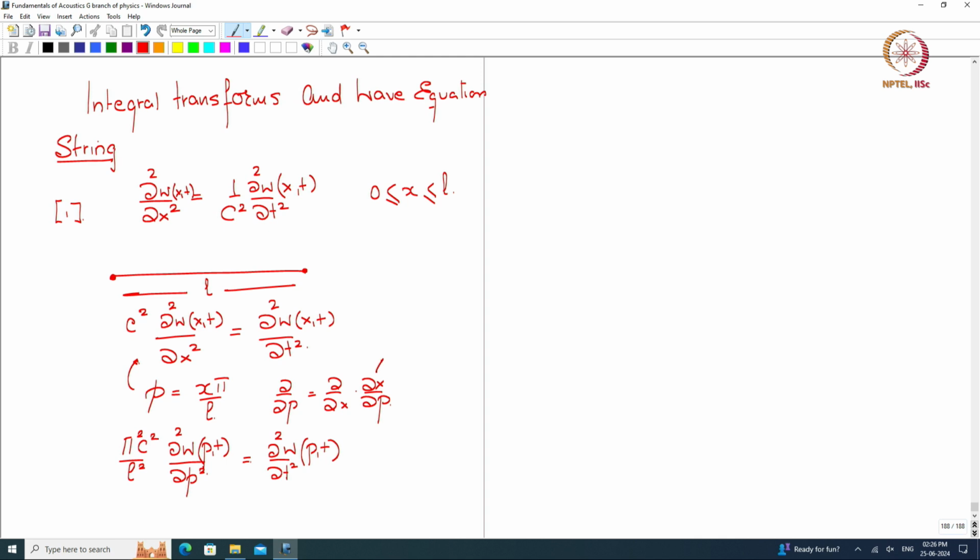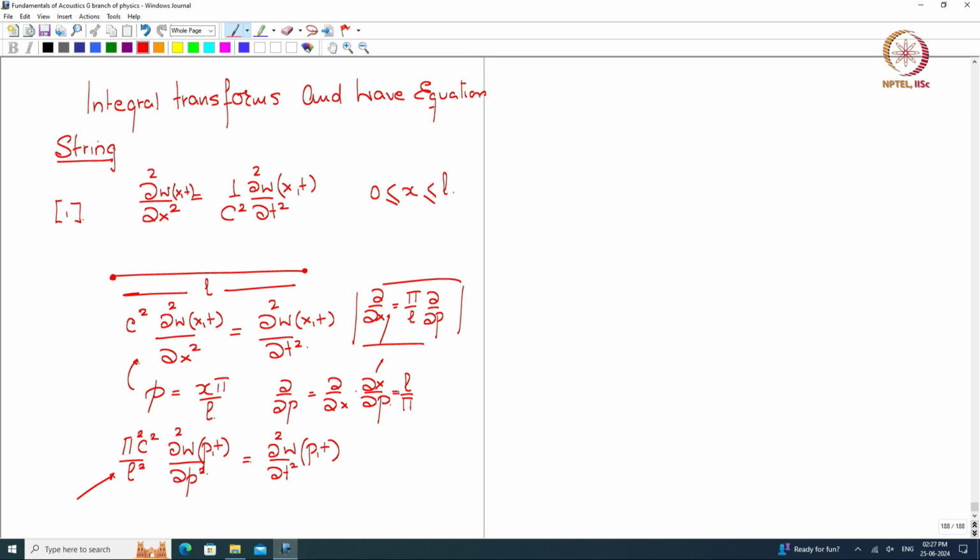So this is L by pi. Just making it clear, del by del x is equal to pi by L del by del P. That's how this pi square by L square comes.